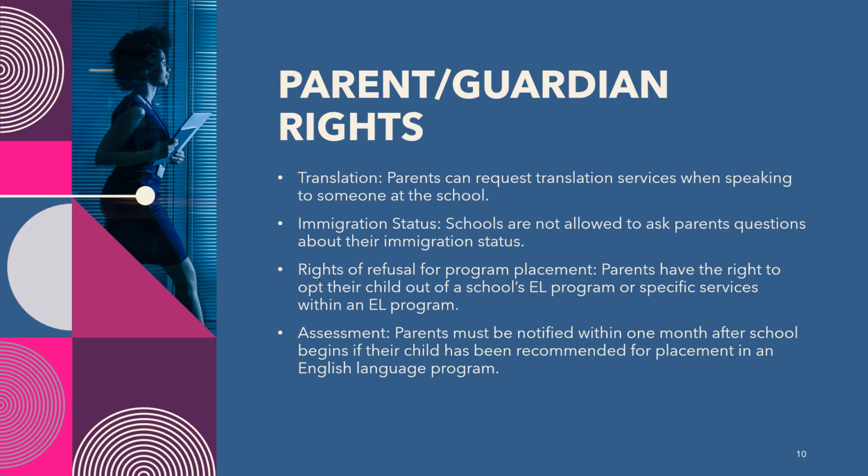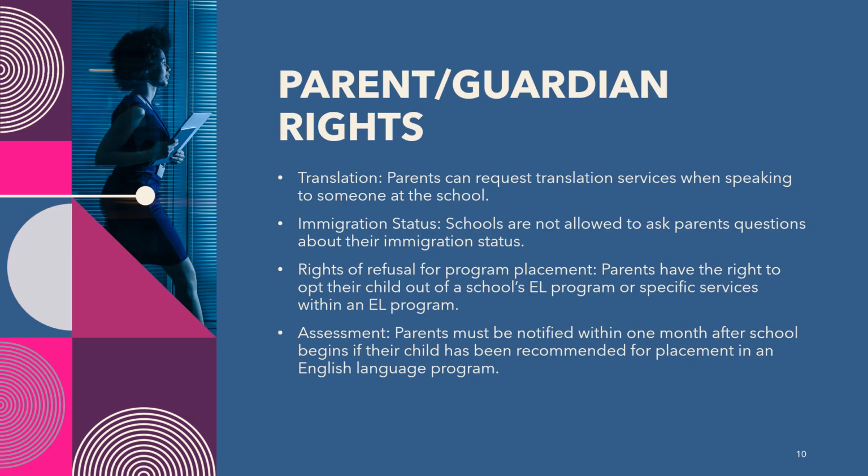Our parents also have the right of refusal for program placement. So if parents decide that they want to opt their child out of a school's English language program or any specific services within the English language program, they have the right to do so.